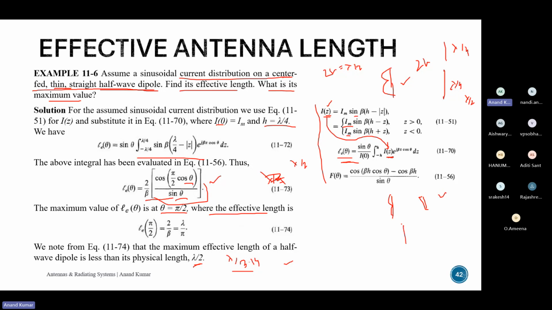For example, over here the current distribution looks something like this. This is half wave, and this is half, and this is half. It was some sort of semi-circular distribution. And if you had considered a current distribution like a triangular distribution, then the effective length would turn out to be something different. So based on the current distribution, the effective length would change.